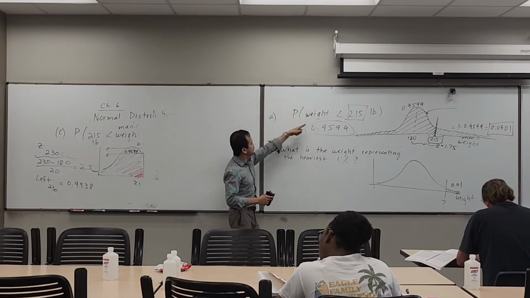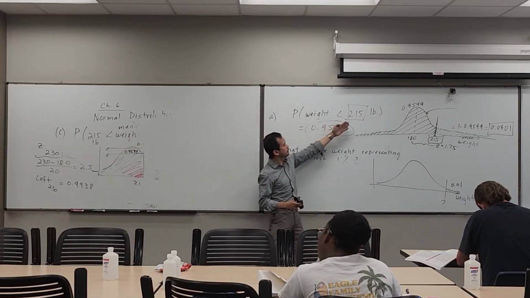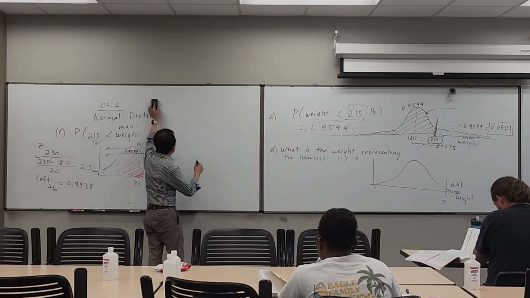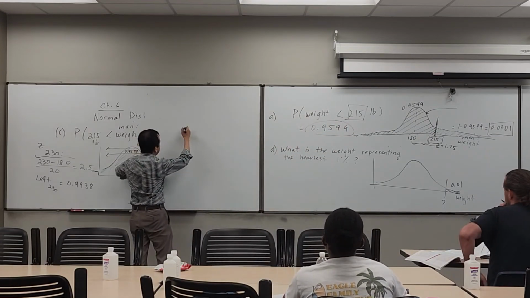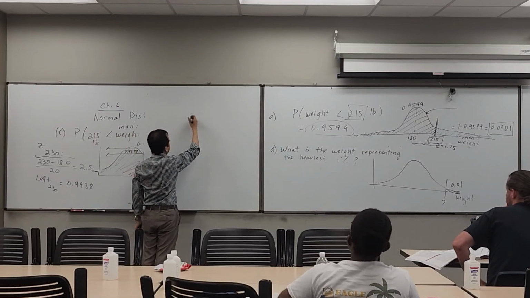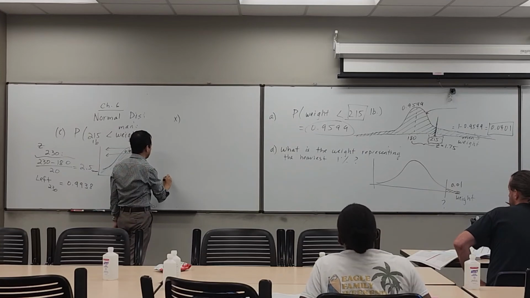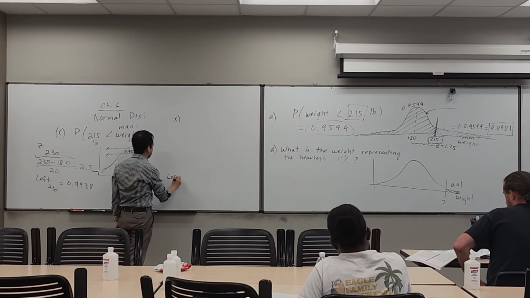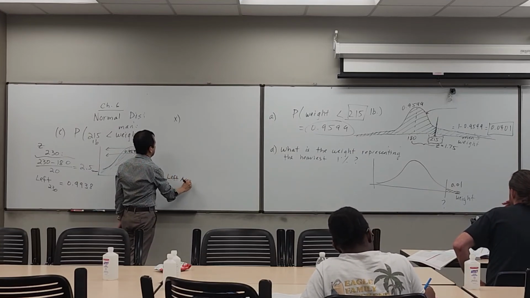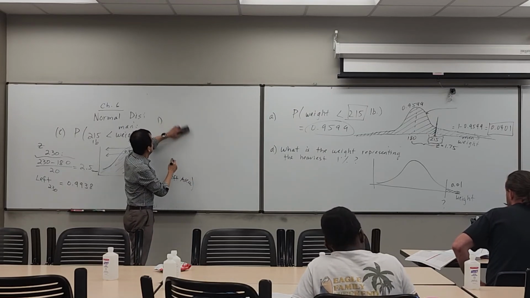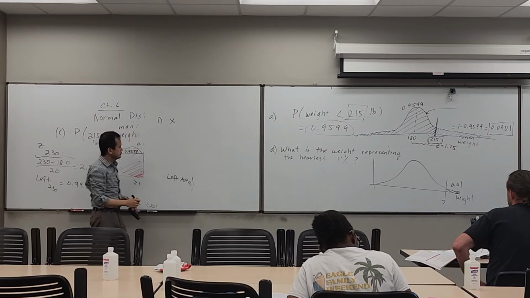So for the first type of question, question A here, where I gave you a weight of 215 and asked for the probability of being less than that, what were the steps we took in that direction? So here we're given a data point and essentially asked for the left area. So how did we go from data point to left area? We found the z-score of that data point.